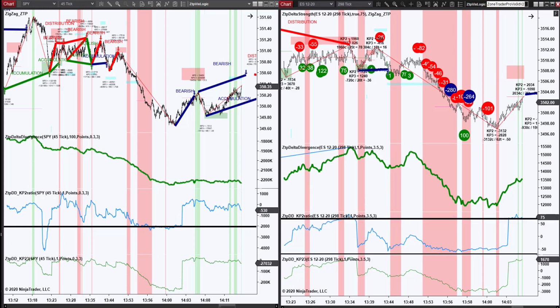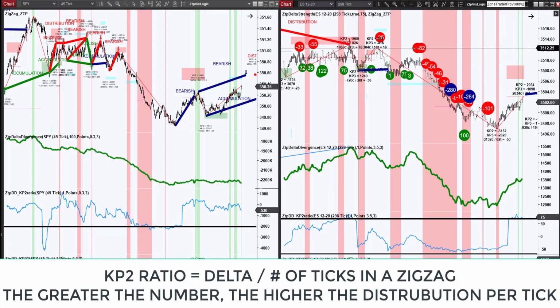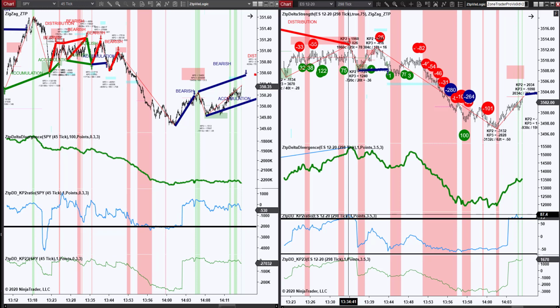Initially, on the initial distribution, we had a very good number here. The number ended up being 78, and we saw the same thing. As price increased from 35.09 to 35.13, we saw the Kp2, which is a reflection of the density of limit orders to sell, increase significantly.